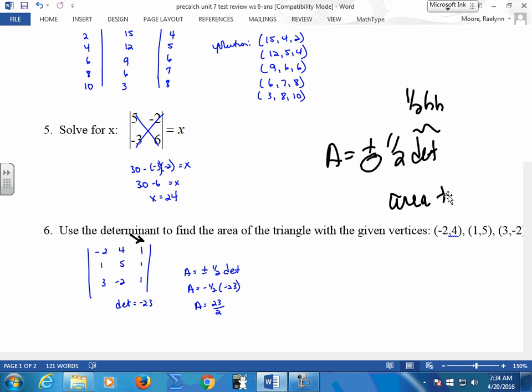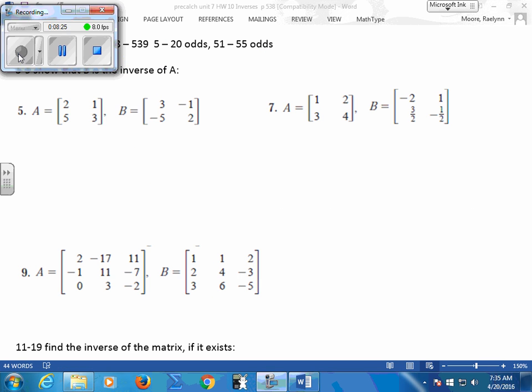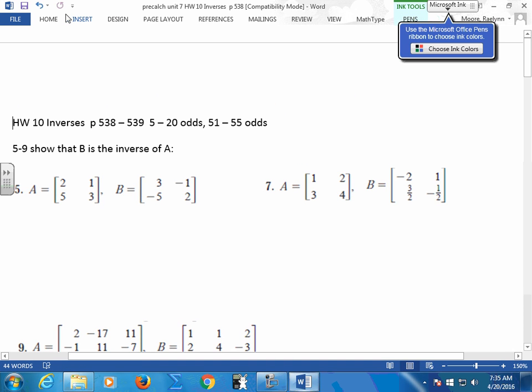And if I give you two matrices, it's not on here, but if I give you two matrices and ask if they're inverses of each other, show that A and B are inverses, how would you do that?